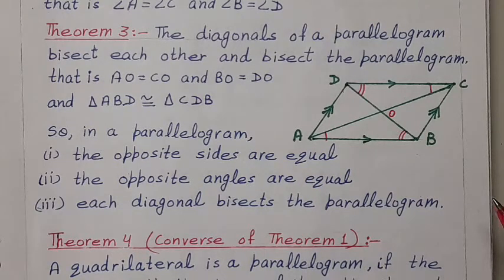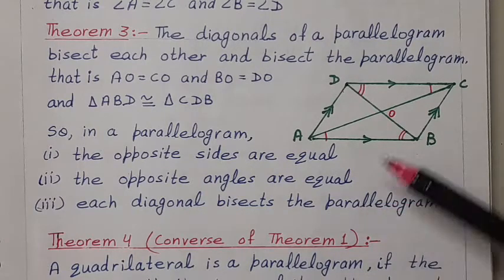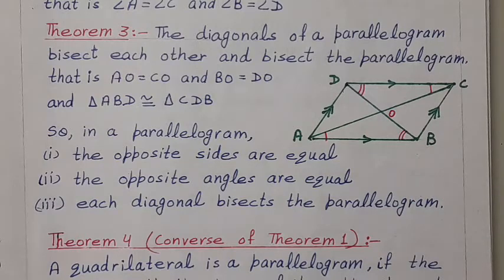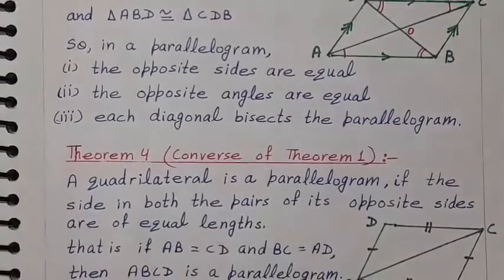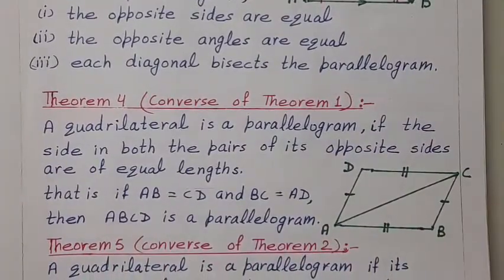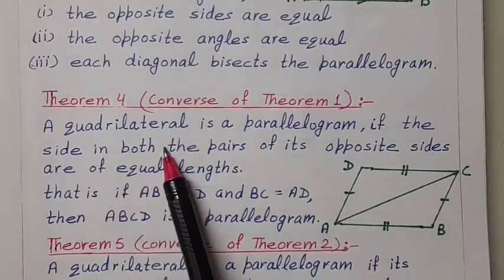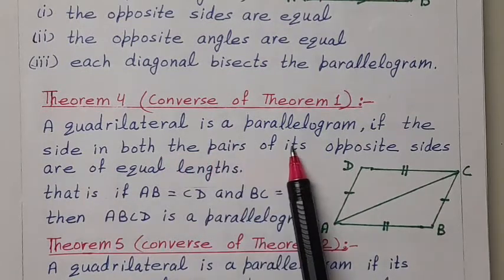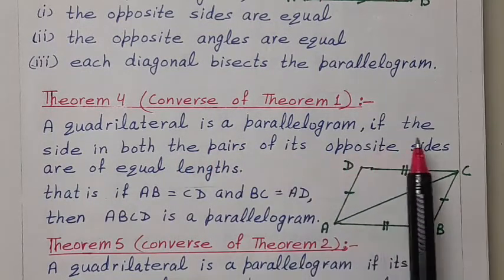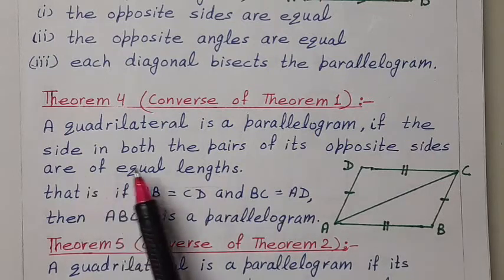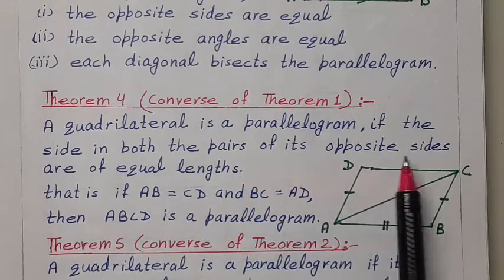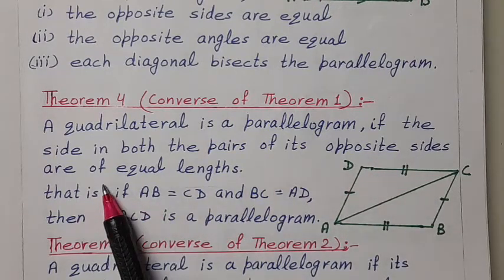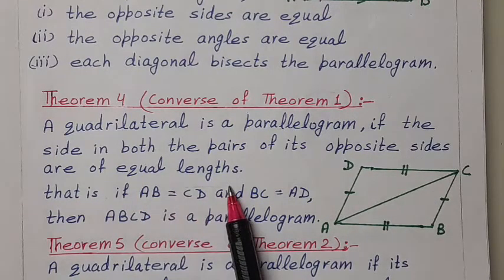Now students, let us move to the converse of all the three theorems that we have discussed. So the converse of theorem number 1 is, a quadrilateral is a parallelogram if the sides in both the pairs of its opposite sides are of equal length.